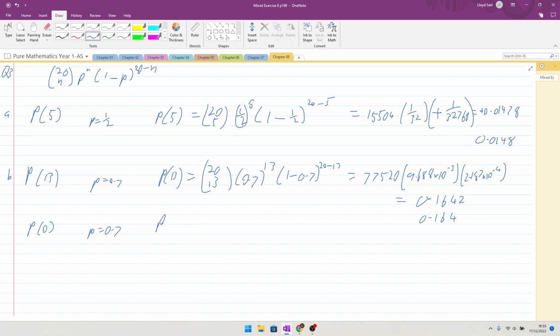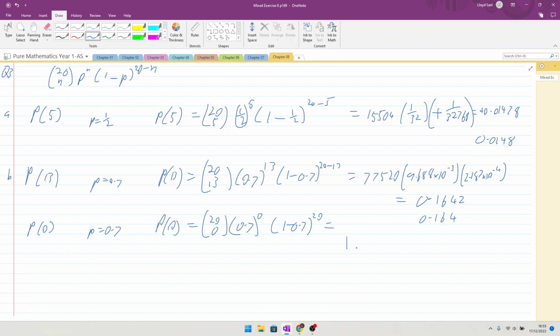So probability of 0 people winning gives you 20C0, and then 0.7 to the power of 0, 1 minus 0.7 to the power of 20. 20C0 is, of course, 1.